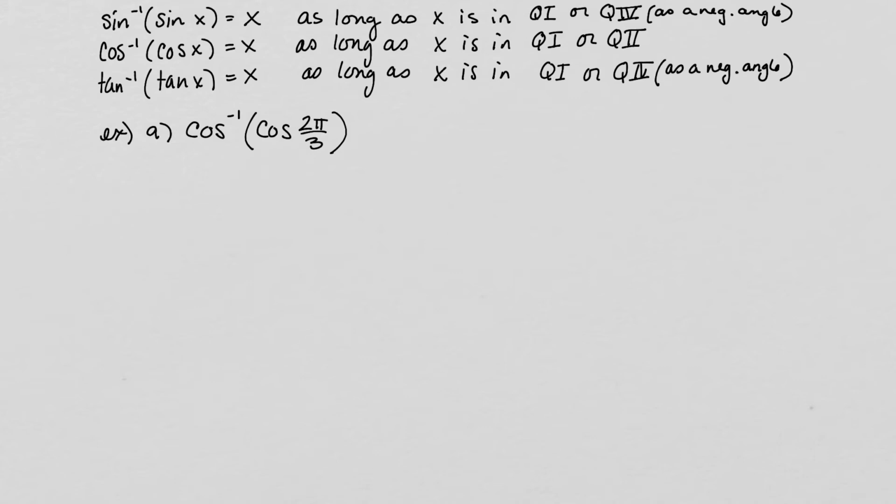Yeah, so 2 pi over 3 is in quadrant 2. And so that's correct, right? We needed the inverse cosine here. It has to be in quadrant 1 or quadrant 2. So this is just equal to 2 pi over 3, since 2 pi over 3 is in quadrant 2.